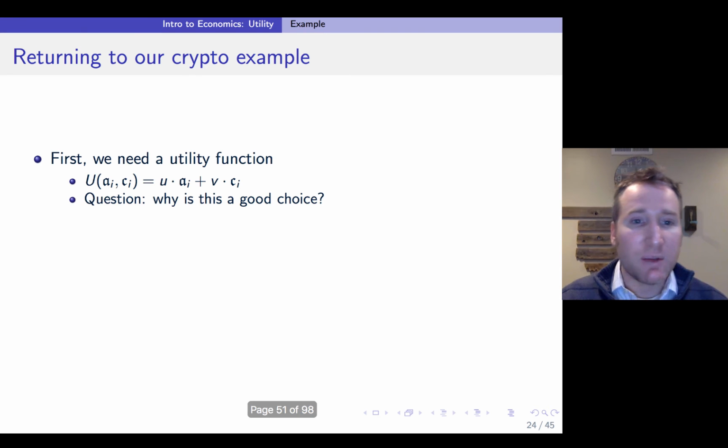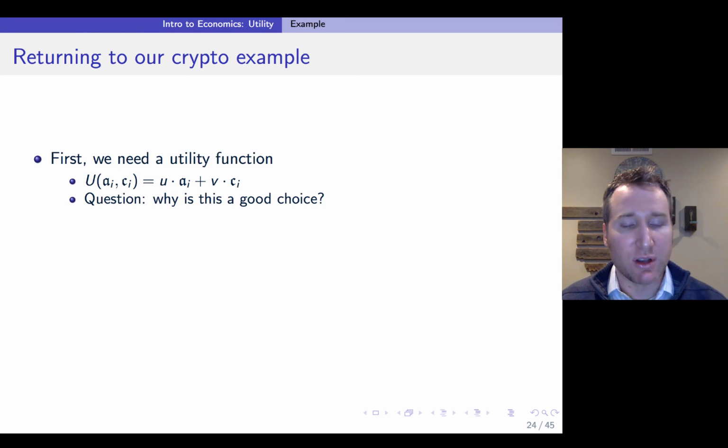The first question is why would this be a good choice? And the reason I would give is that the user values both availability and confidentiality. They are maybe substitutes to a certain extent, but you certainly value them both.